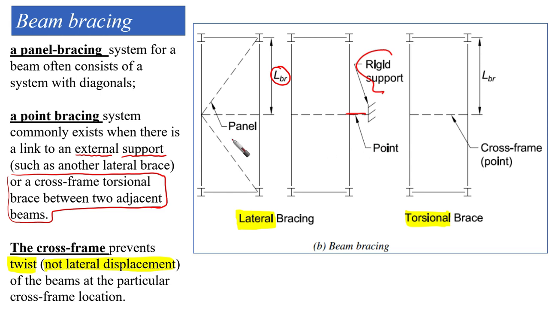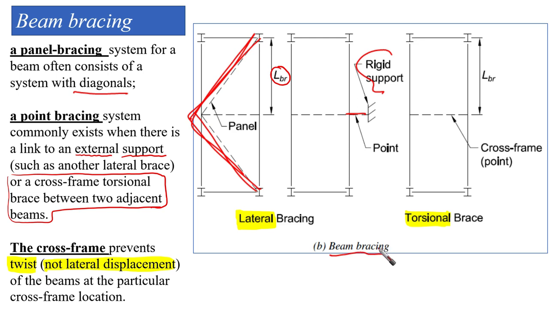This is the point. However, for the panel, a panel bracing system for beams often consists of a system with diagonals, as you can see.